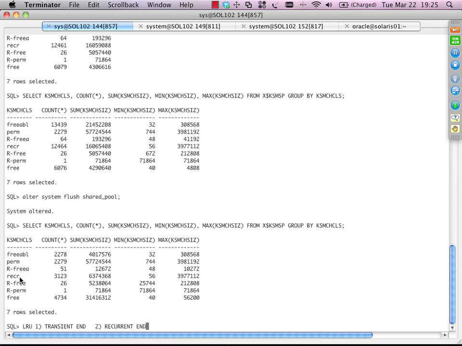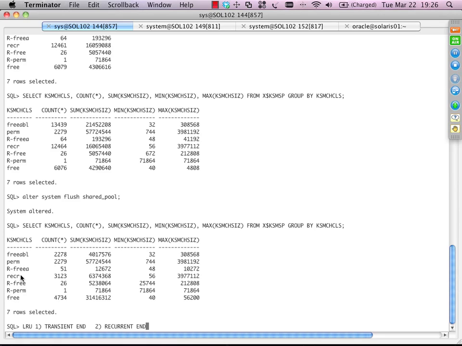So you see, as opposed to recreatable, which means that anybody can throw away this recreatable chunk. Anybody can flush it out, as long as it's not pinned. Of course, when it's pinned, then somebody is using it right now. You cannot just throw it away. But anybody who allocates memory from shared pool can throw away recreatable chunks, because they are recreatable.